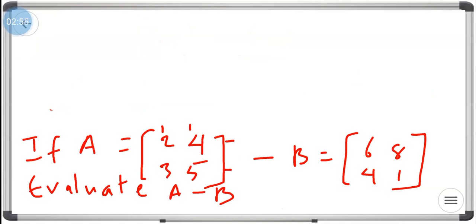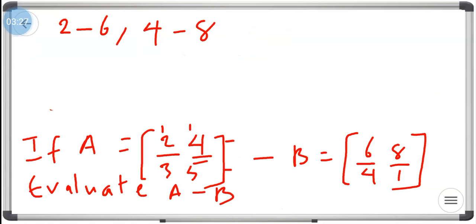So A11 here is 2, and we are subtracting A11 there, that is 6: 2 minus 6. Then A12 here is 4, minus A12 there, that is 8: 4 minus 8. So we are through with that row.